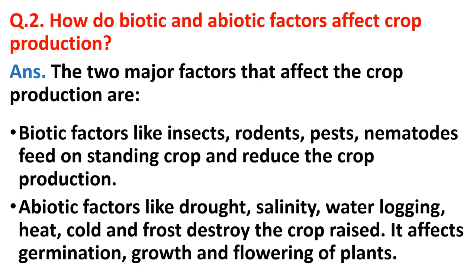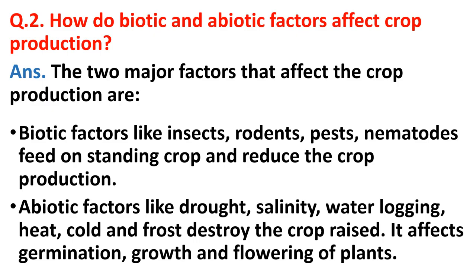Question number 2 was, how do biotic and abiotic factors affect crop production? Answer: the two major factors that affect the production of crops are biotic factors like insects, rodents, pests, nematodes.